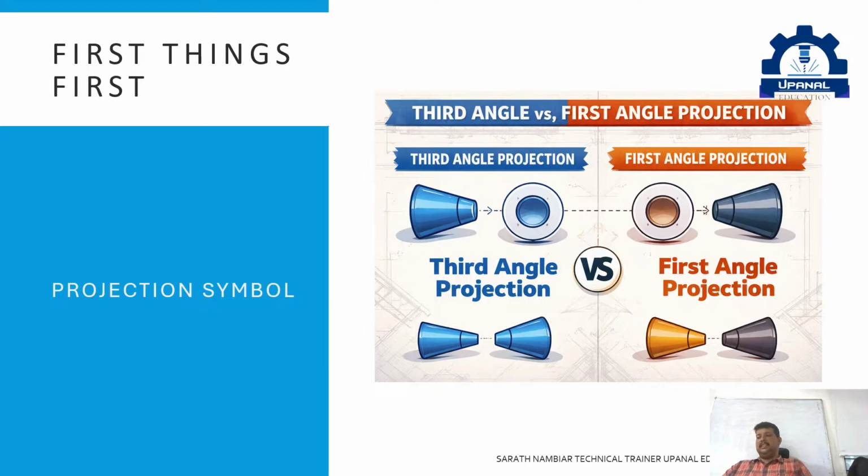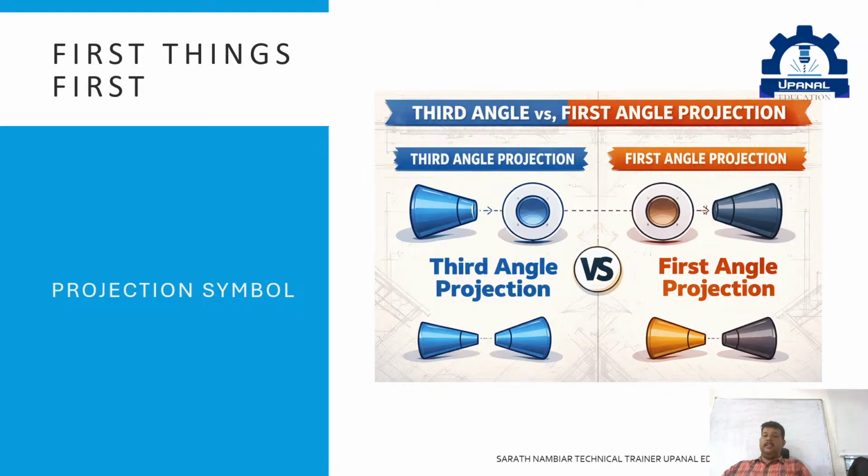Someone gives you directions, but the north and south are swapped. You may walk perfectly, but still you will reach the wrong place. Same thing happens here. If projection is misunderstood, even if you read all the dimensions correctly, your final understanding will be wrong.